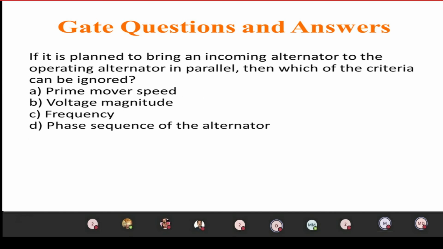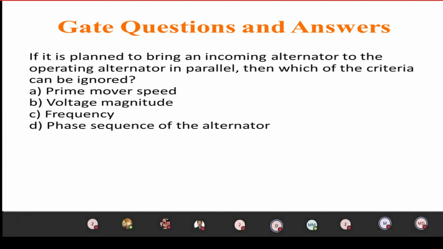Well students, we move to nearly the 25th question. If it is planned to bring an incoming alternator in parallel with the operating alternator, then which of the criteria can be ignored?